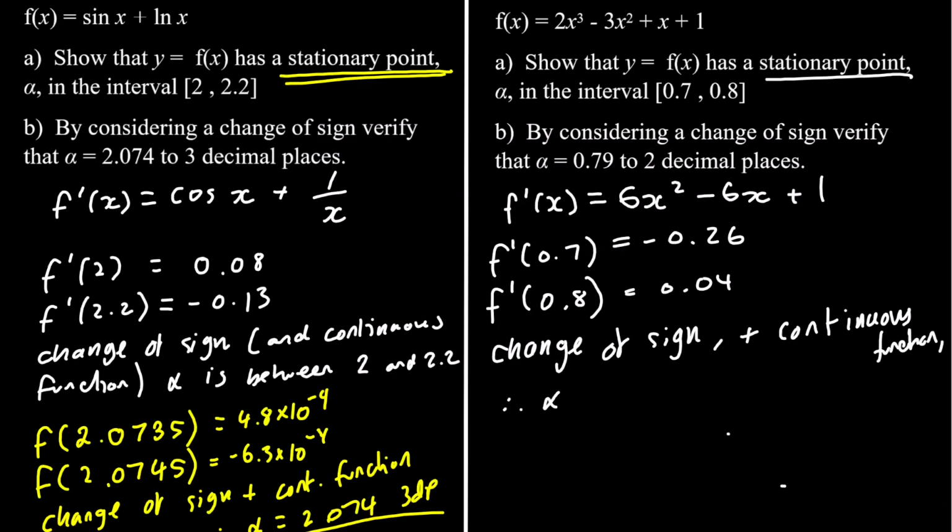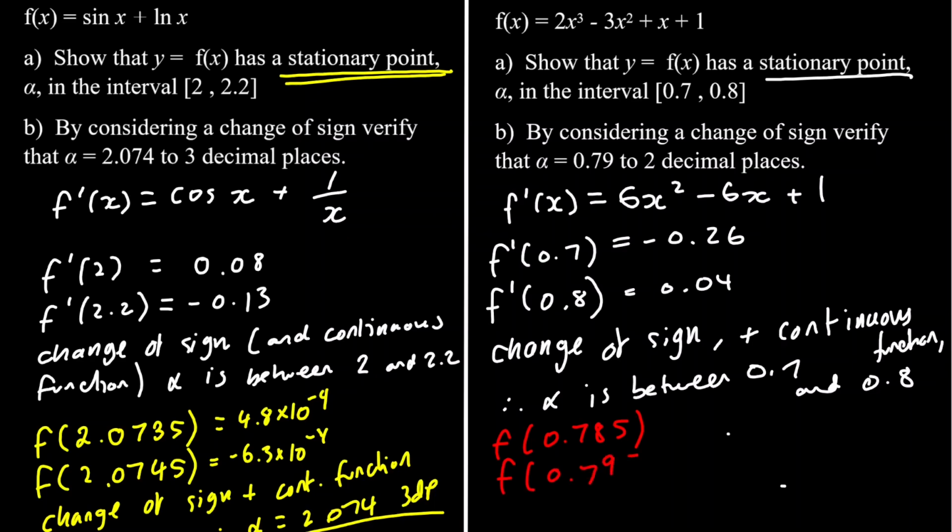Therefore, alpha is between 0.7 and 0.8. Verify that it's 0.79, f of 0.785, and f of 0.795 to the upper and lower bound.